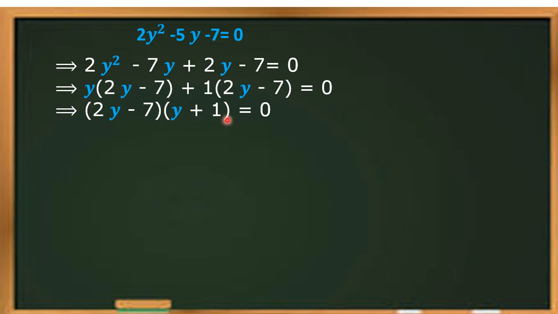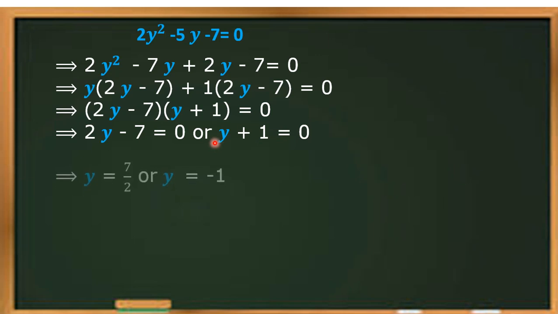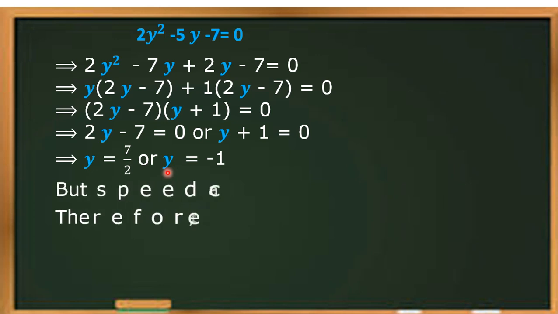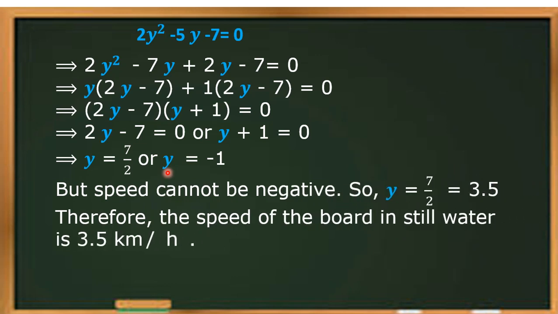Now these factors, when we equate each with 0 separately, we get 2y − 7 = 0 or y + 1 = 0. With 2y − 7 = 0, we get y = 7/2, and y + 1 = 0 gives y = −1. Now here we are talking about y, that is the speed of the boat in still water.